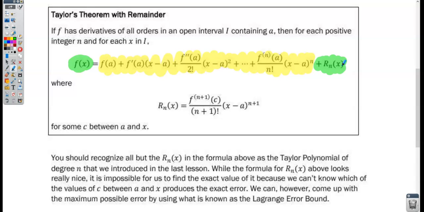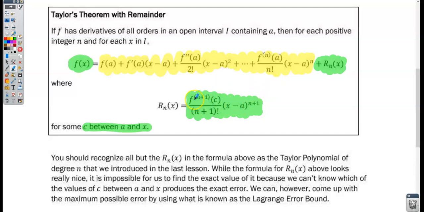And furthermore, we know that this remainder is equal to this right here. It's equal to the n plus first derivative, the next derivative after our polynomial, evaluated at some value c that's between a and x, all over n plus 1 factorial times the quantity x minus a to the n plus 1.